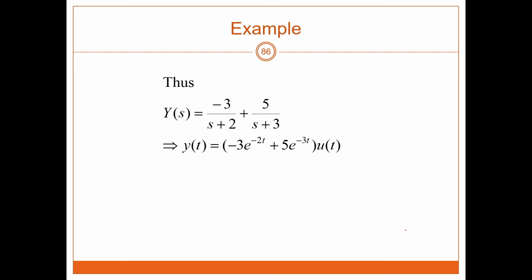Alright, so now we can easily convert to the time domain. So 1 over s is u(t). The shifted value will be represented by an exponential.